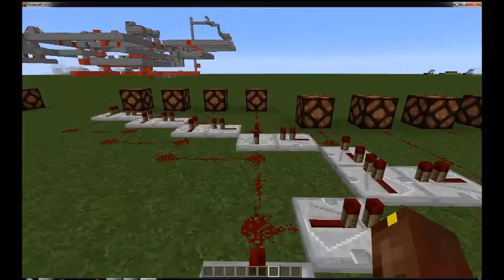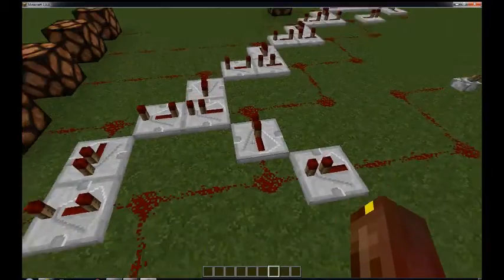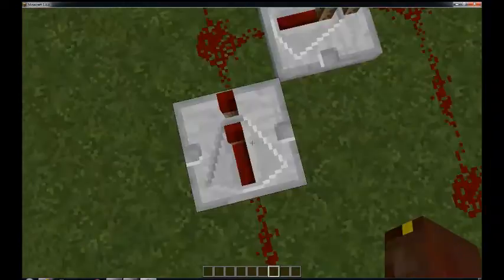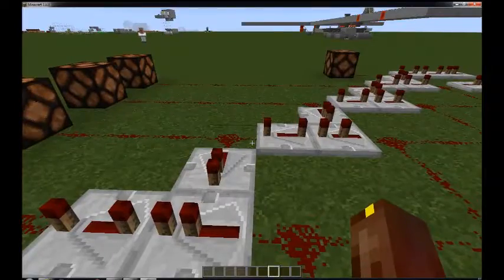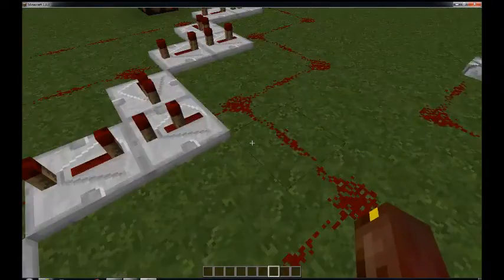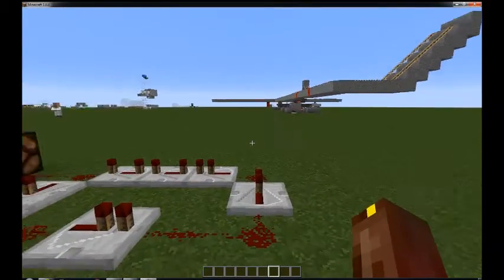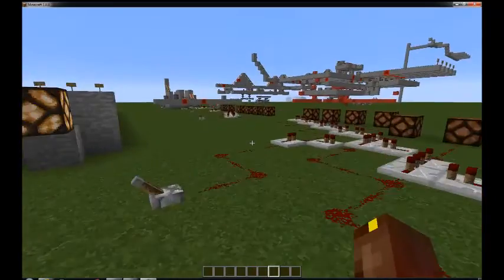Typically my advice to you is, if you're going in this direction, then you should have your repeaters pointing towards the direction in which the outputs are going to turn on. So that's going to be in this direction, always facing towards your final output.